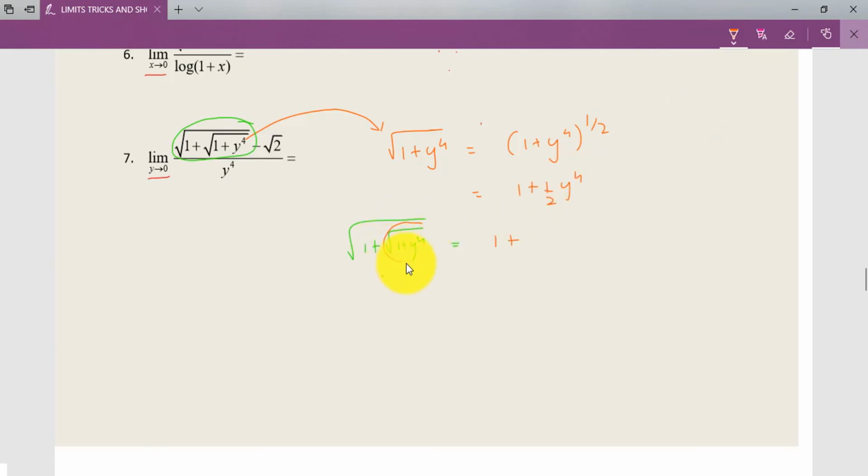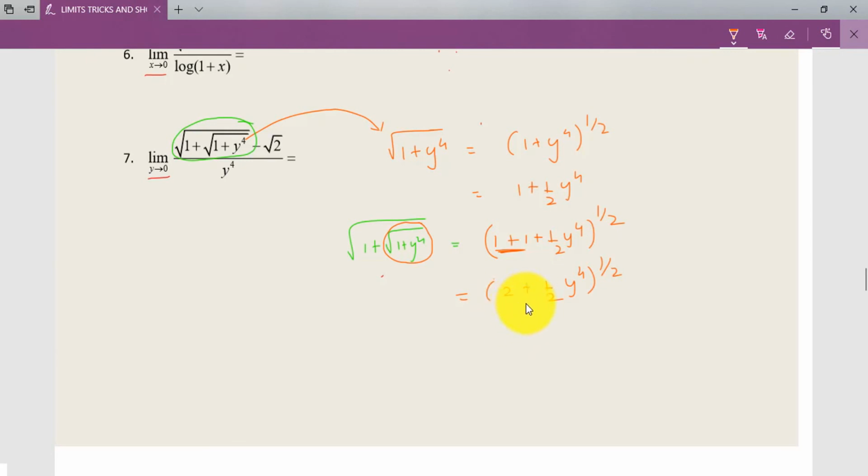The value is 1 plus 1 by 2 y power 4, with the square root sign becoming the power 1 by 2. Now it is not in the binomial expansion form, so I play a trick over here. I include these two, so it becomes (2 plus 1 by 2 y power 4) raised to 1 by 2.